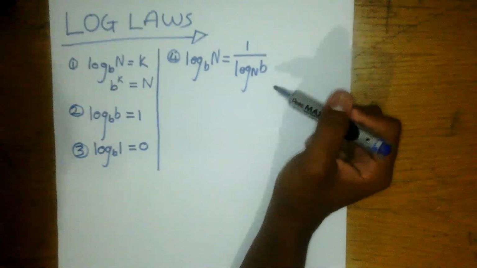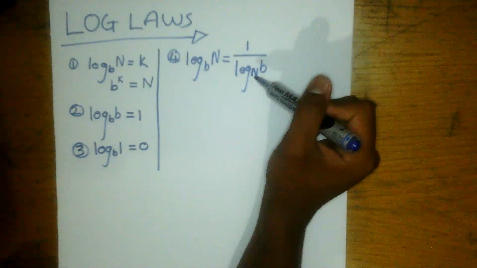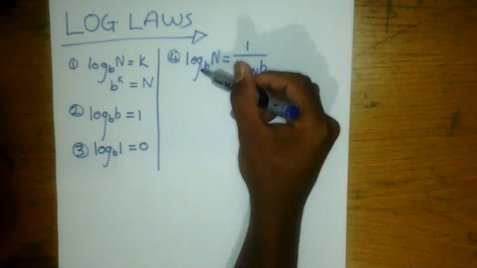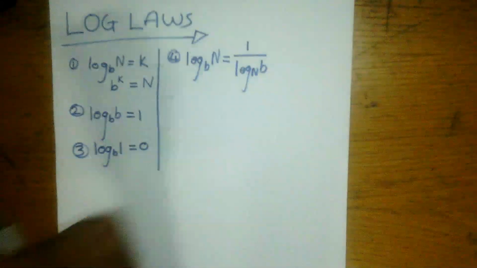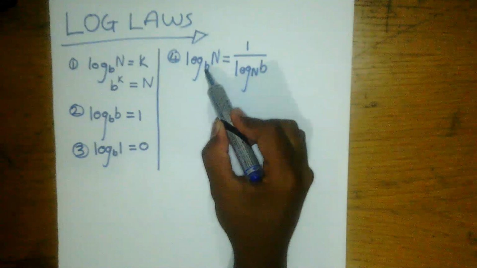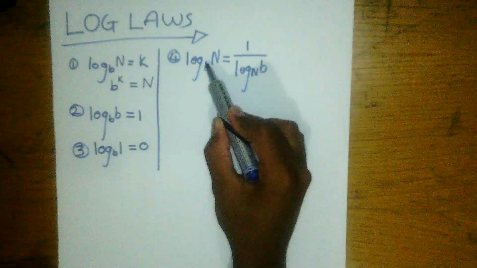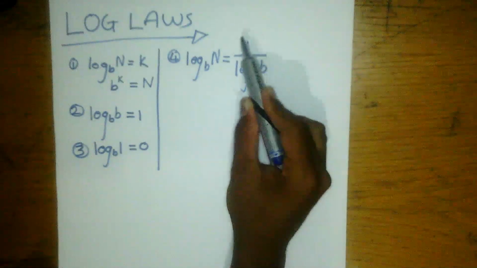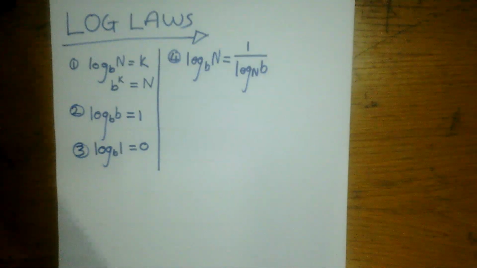You use this one when the given is maybe x, maybe b is an x and you must solve x. Then to get x out of here, because you can't do anything when the number you want is here as a base, then you have to do this. You can say it's the inverse.